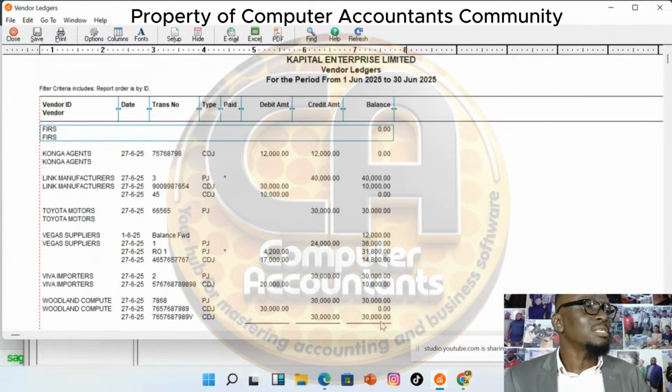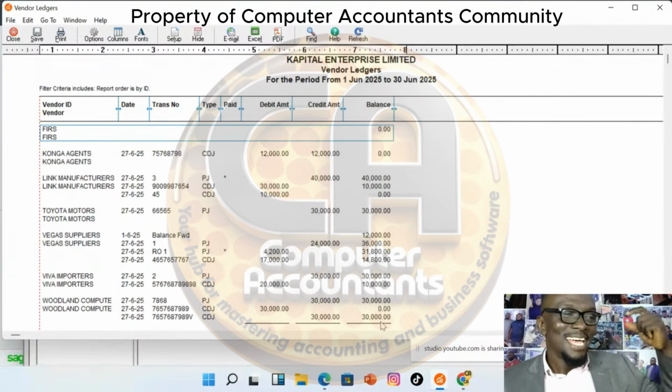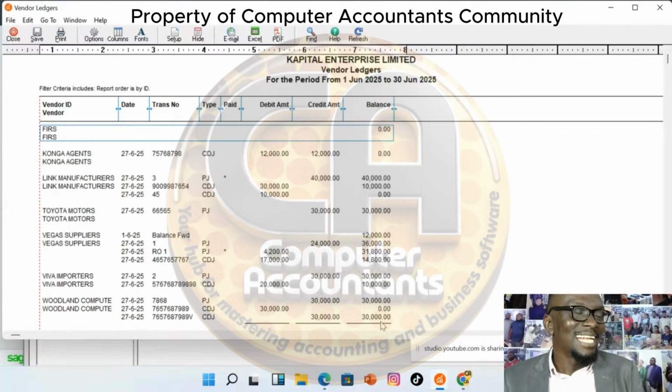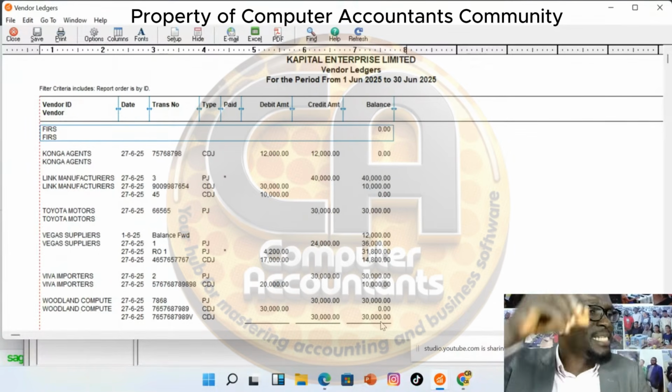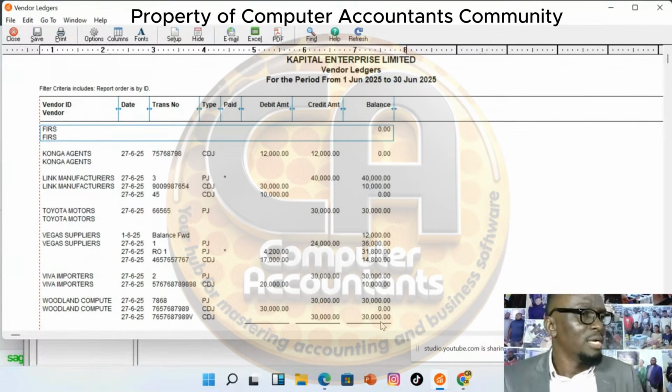There has to be some patience, because the check he gave you is an evidence, but it has not materialized into a substance. The check is an evidence that he's using a third party, his financial representative, the bank, to pay you. But I've not seen the substance, which is the money that will drop in our account. Let's assume he gave you a check, and you went ahead and cleared him from your system.